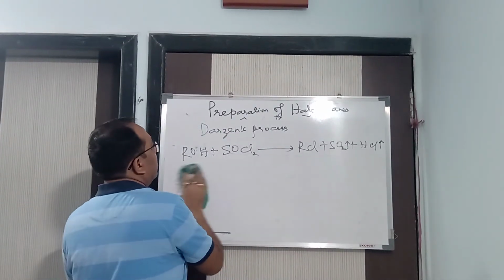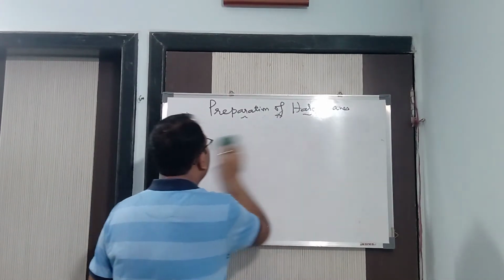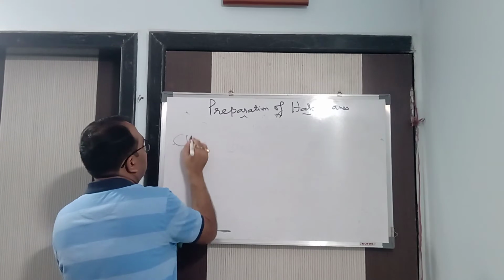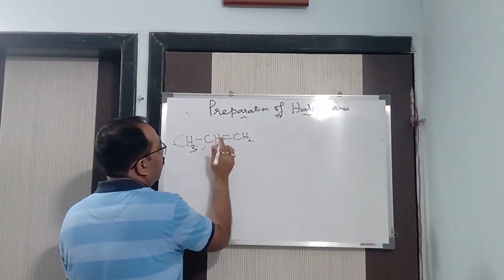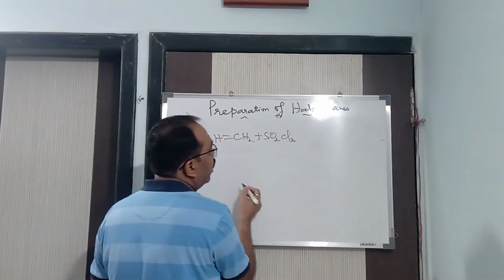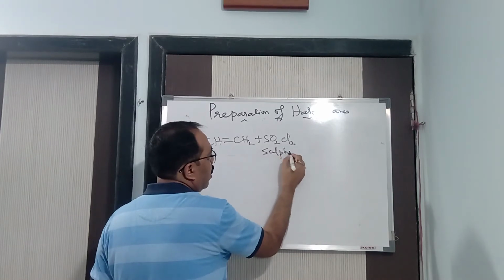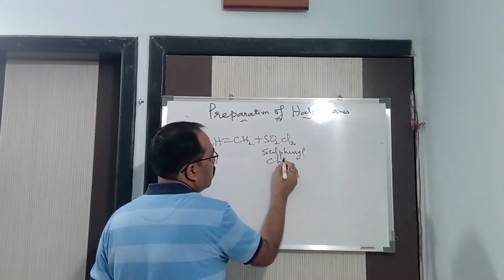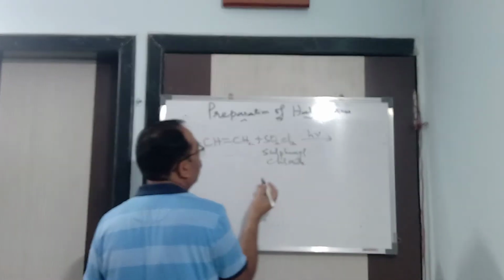Okay. Now next, you can also take alkenes here, and instead of SOCl2, I can take sulfuryl chloride also. This is known as sulfuryl chloride. And here hv, UV light, you can take.